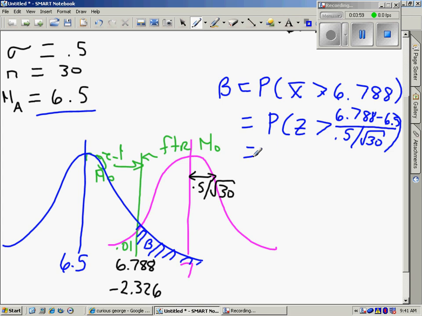Work all that out. That's the probability you get a z greater than 3.15, which is 0.000814. That's beta, the probability of a type 2 error.